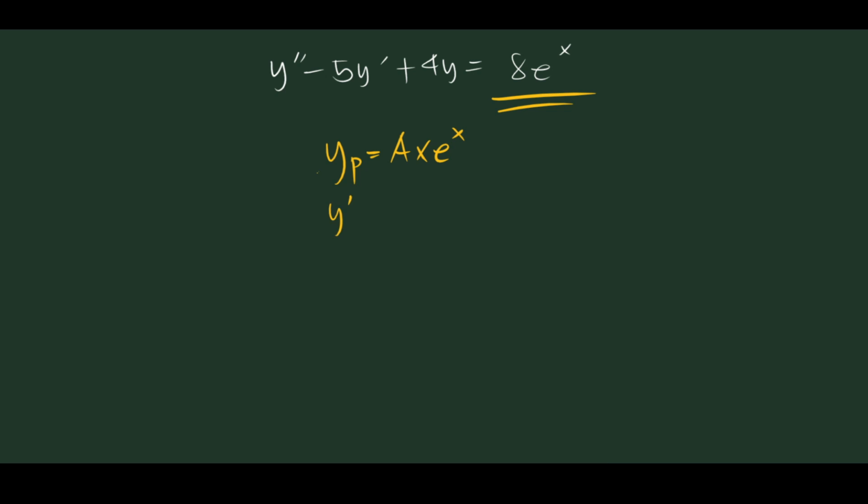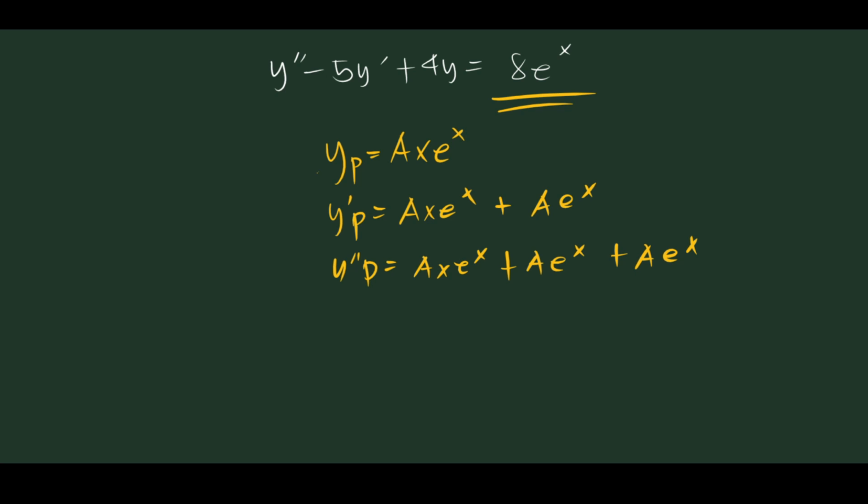Y prime of p is equal to a e raised to x plus a x e raised to x. Now y double prime of p will be a x e raised to x plus a e raised to x, and then another a e raised to x. So y double prime of p will be a x e raised to x plus 2a e raised to x.